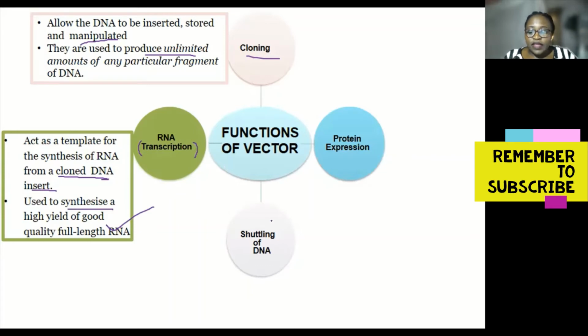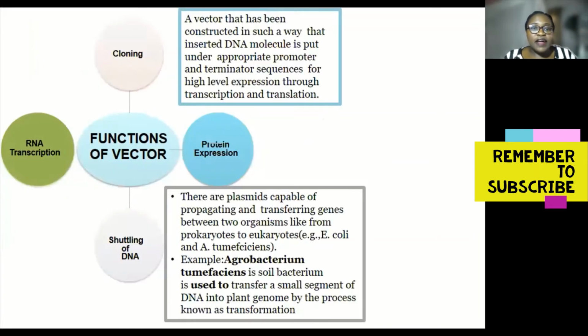Okay. Then we have another vector that we call protein expression vectors. And in this one, even from the word, we are simply saying we are able to make proteins from our vector. So we make sure that the vector is constructed in such a way that whatever DNA molecule we insert, we put it between a promoter and a terminator sequence. That is the beginning of transcription and the end.